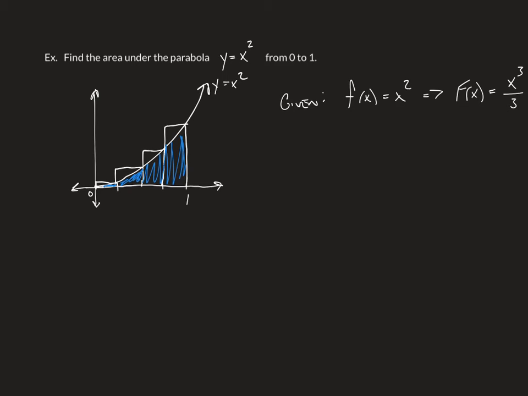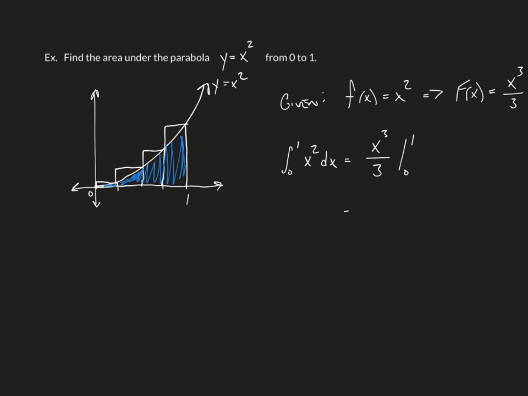And I don't need to put plus c, because remember we proved in the last example that that's just going to cancel anyway. So what I'm trying to calculate here is the integral of x squared from 0 to 1. And I'm going to rewrite that as x to the third over 3. That's my antiderivative. And because I've taken the antiderivative now, I'm denoting that with the bar rather than the integral.